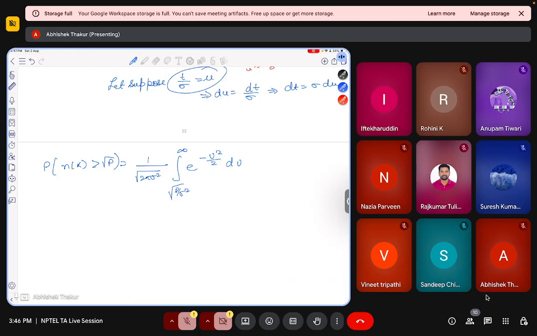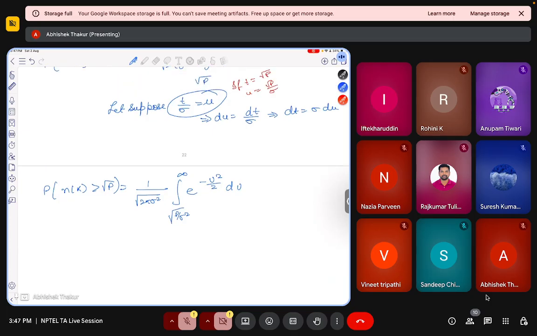So now, dt is equal to sigma du. So this sigma and this sigma will get cancelled. So this will become square root of 1 by 2 pi.